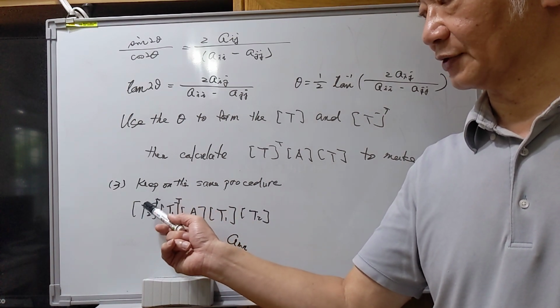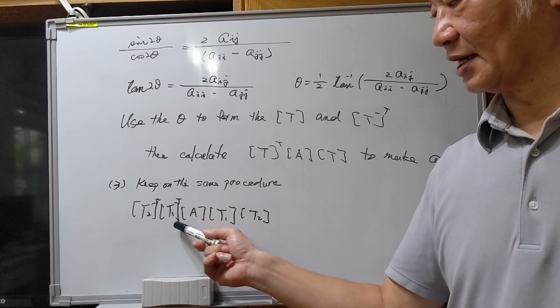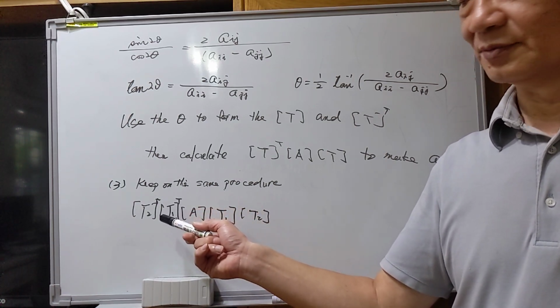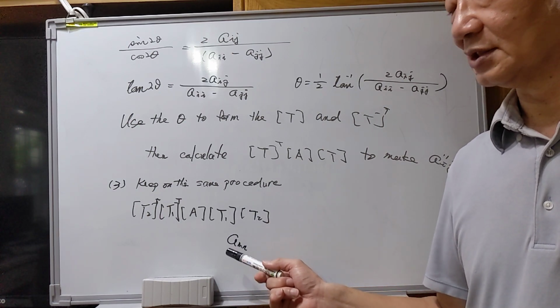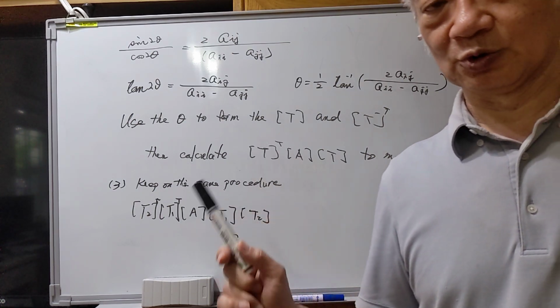And we need to calculate T2 transpose times the modified matrix and post multiply by T2. Then we can get A_mn equal to 0.